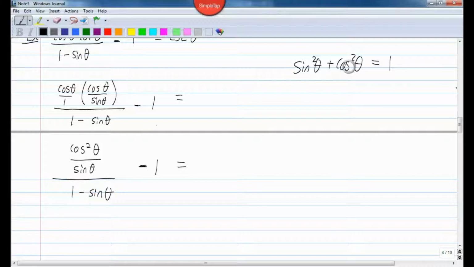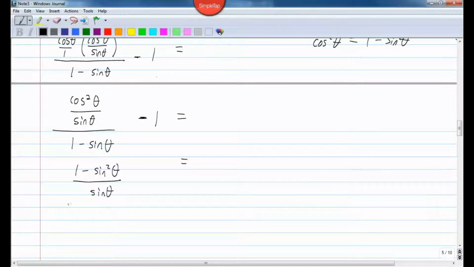So if I get the cosine squared by itself, I have cosine squared theta equals 1 minus sine squared theta. So I could put that up here. Let's see. So 1 minus sine squared theta over sine theta over 1 minus sine theta minus 1.